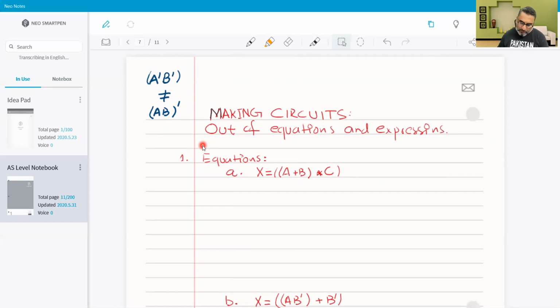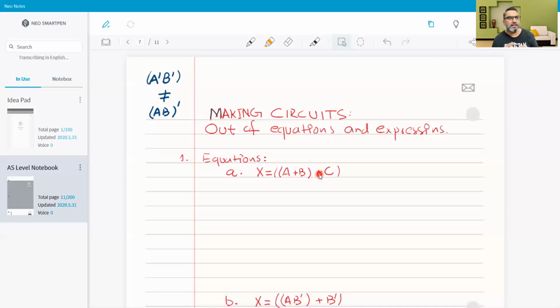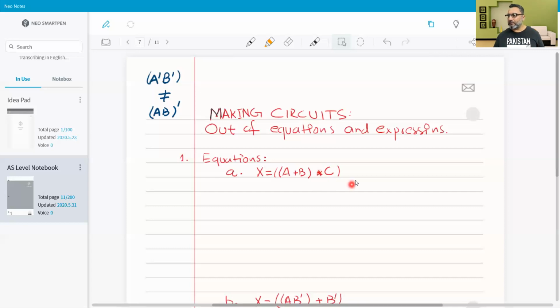Now, making circuits out of equations and expressions. So first equation, we have got A plus B multiplies C. So we will work it out the way we work out mathematical algebraic expressions. So all the precedence rules will be followed. If it is bracket, we will be solving innermost bracket first, and if it is AND gate, because it is being represented using multiplication, so this will be worked out first. So let's start it.